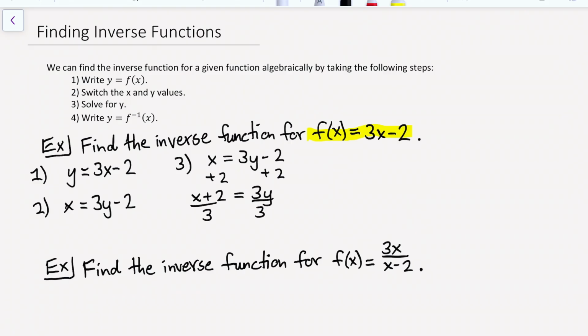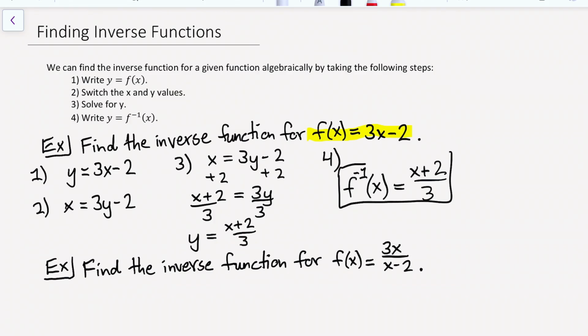And I divide by 3. We have y equals (x plus 2) over 3. This is the inverse function of f of x. So I'm just going to describe it using function notation, and specifically this notation for the inverse function. F inverse of x equals (x plus 2) over 3.